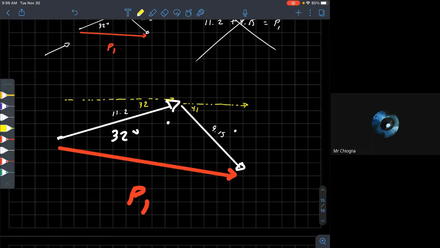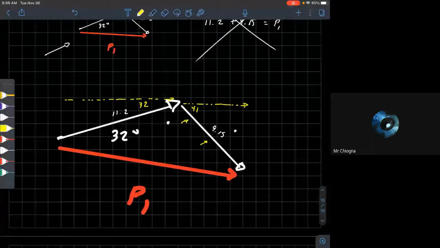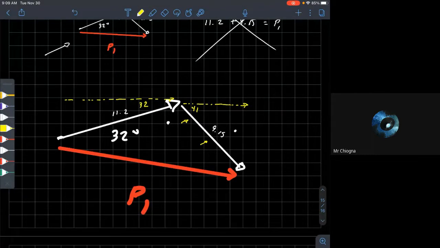Now, let's figure out what those corresponding X components are. I want you to try that out, see what they are. What are the X components, the yellow components, given the hypotenuse and given the angle? This is not 32 here, by the way, so I've got to remove that.